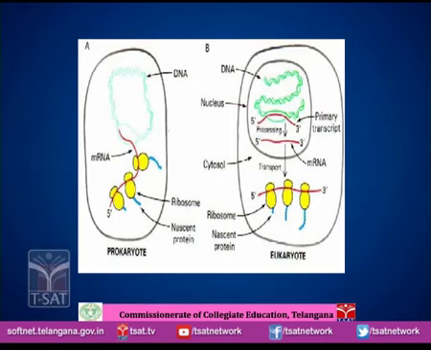After modification, it is transported into the cytosol, where translation takes place. The main point to remember is that post-transcriptional modifications can happen only in the nucleus. This should be very clear, and it is exclusive to eukaryotes.